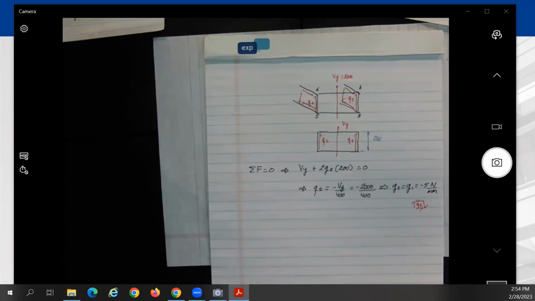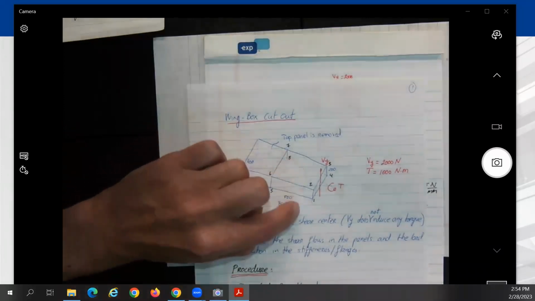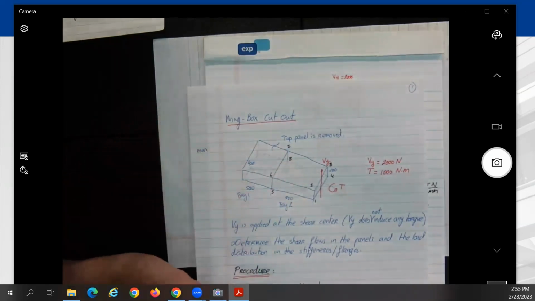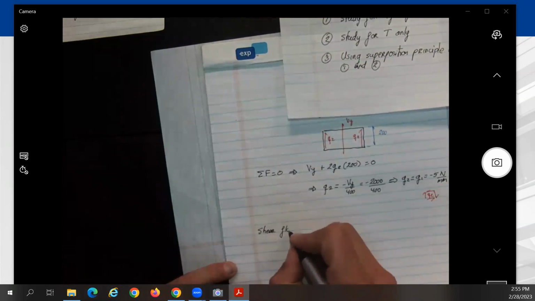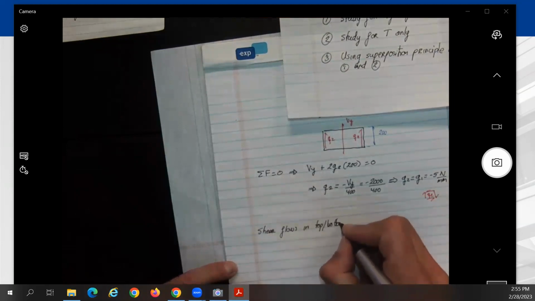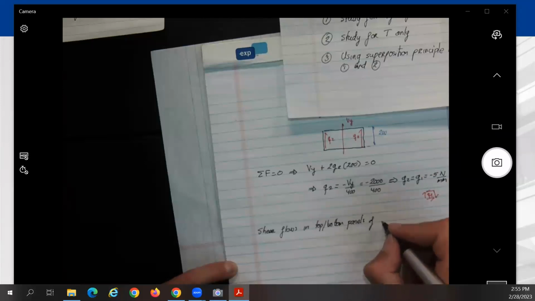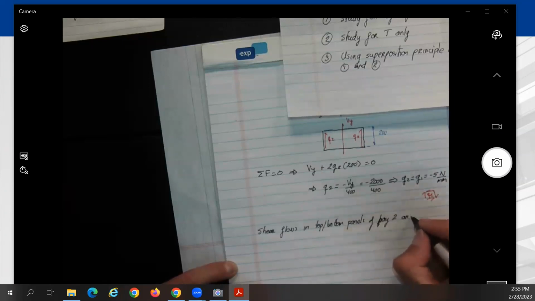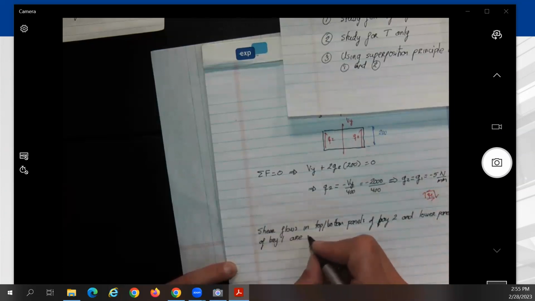Okay, so now what will be the shear flow on the top panel and lower panel of bay 2, and the lower panel of bay 1? Zero, no? So you can write over here: shear flows in the top, bottom of bay 2 and lower panel of bay 1 are 0.